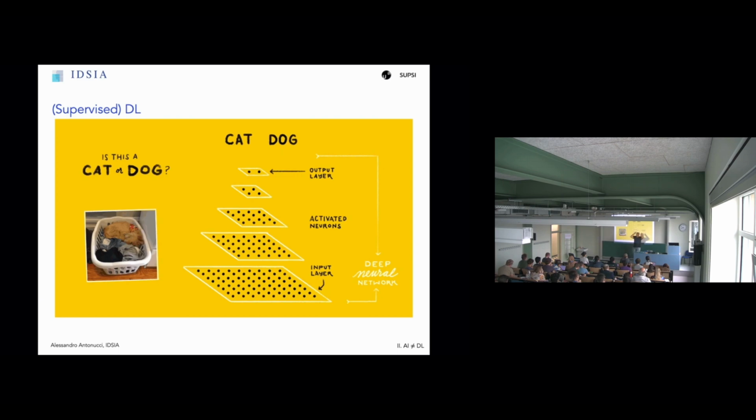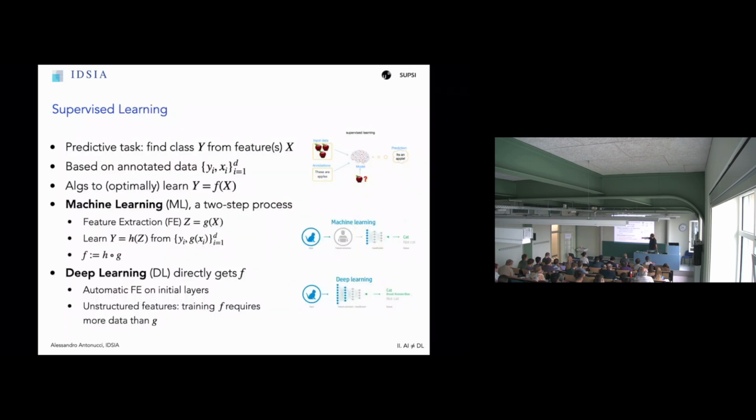It's a matrix of numbers or whatever, and we don't need a higher level description of the features associated with this image. In this sense, I think you can already see that deep learning is typically less interpretable. So you don't have information that can be easily parsed by a human. But if your focus is on the prediction, this is very powerful because you can do that automatically. You don't need the feature extraction. You can directly use this data to train a predictive model. And this is typically what deep learning is doing.